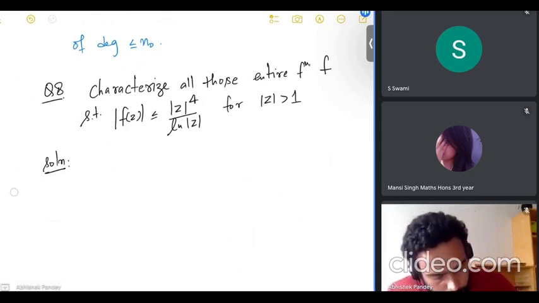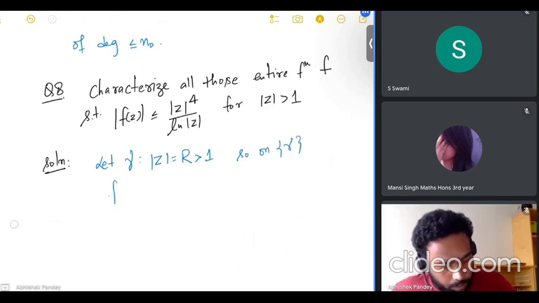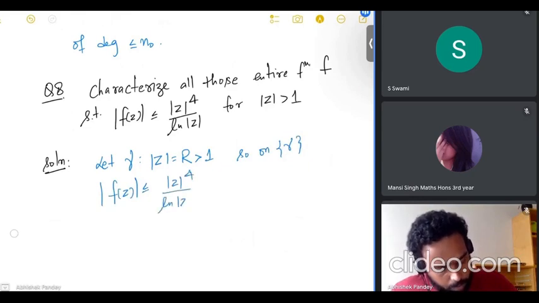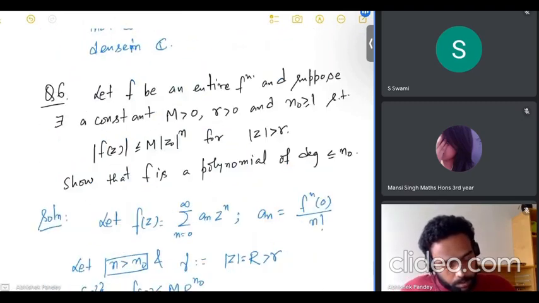See, the idea is the same. Gamma is basically the circle of radius r, where r is greater than 1. So on gamma, f(z) will satisfy this inequality: mod z to the power 4 upon ln mod z.